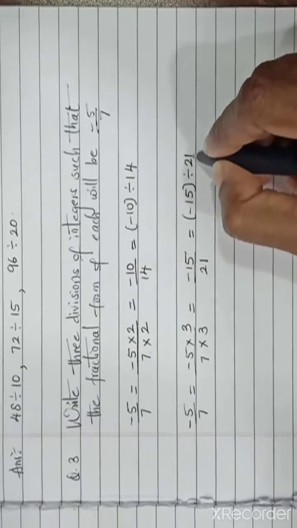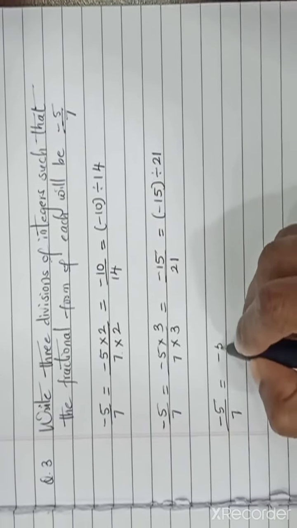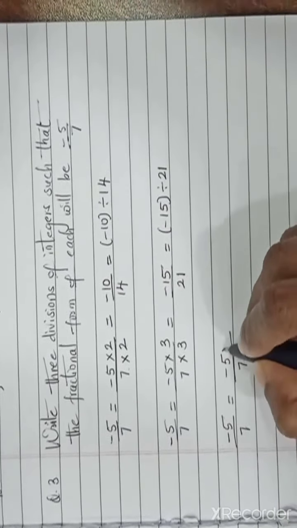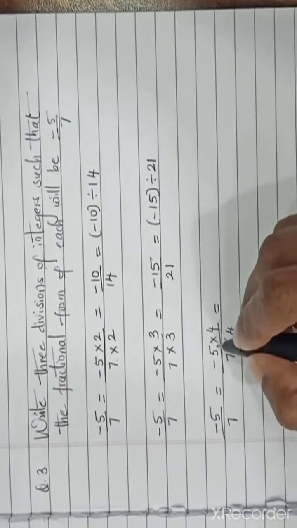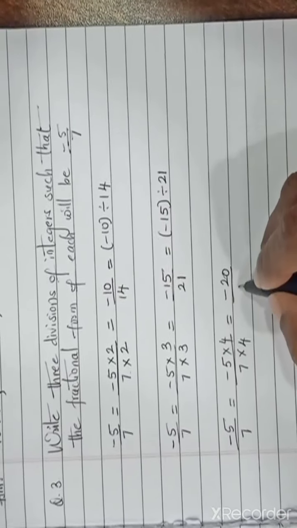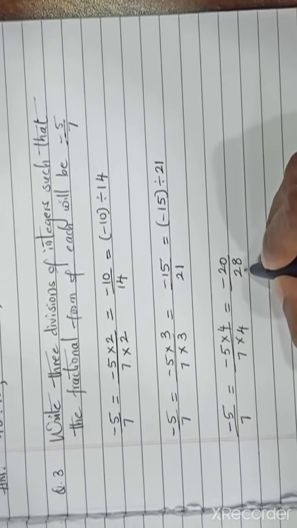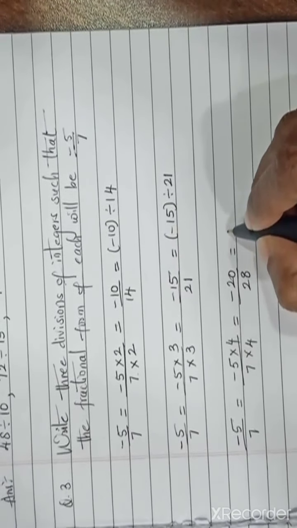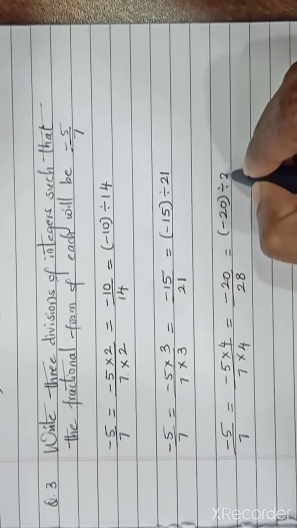Then one more we'll find out, minus 5 upon 7 multiplied by 4. 4 multiplied by minus 5 is minus 20, 4 multiplied by 7 is 28. So minus 20 upon 28 we got, we'll put it in the division form, minus 20 divided by 28.